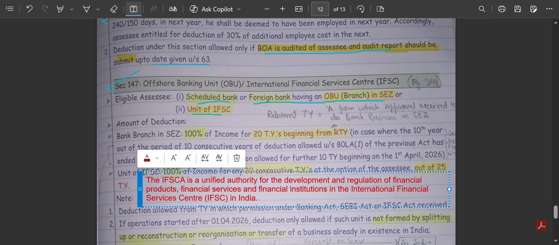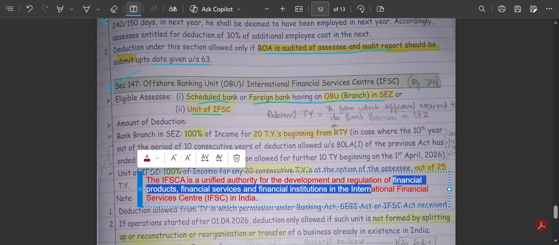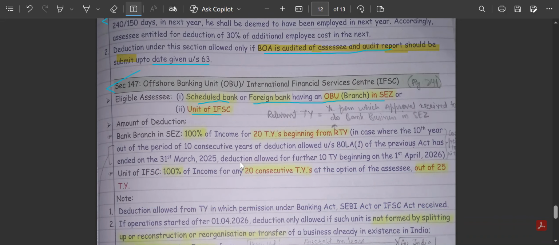It deals with businesses engaged in financial products, financial services, and financial institutions. It's an area where banks, insurers, fund managers, and other financial firms can operate in foreign currency under a unique regulatory and tax framework, enabling cross border financial services within India. This is just the definition.